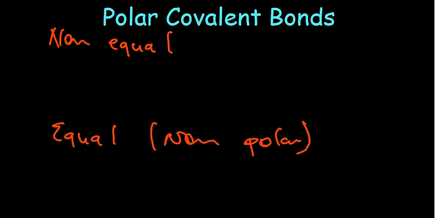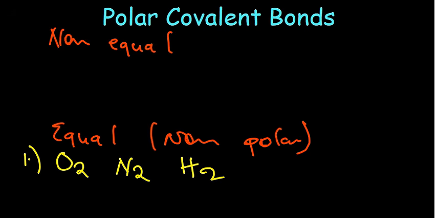I gave you good examples of non-polar covalent bonds with equal sharing of electrons. The very first example: any 2 atoms of the same element, for example oxygen or nitrogen, are non-polar since they have the same electronegativity, so they share electrons equally.